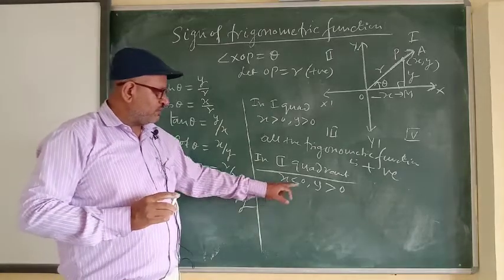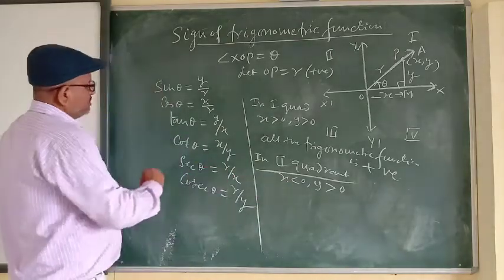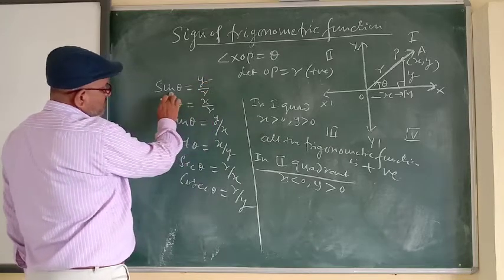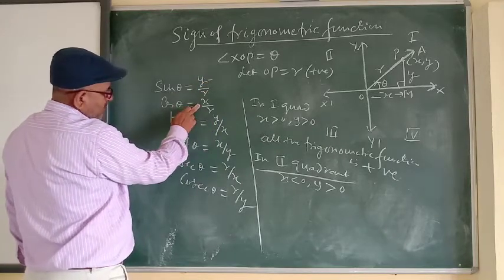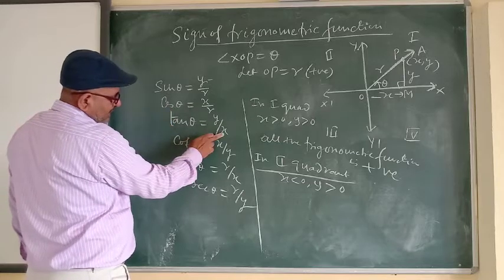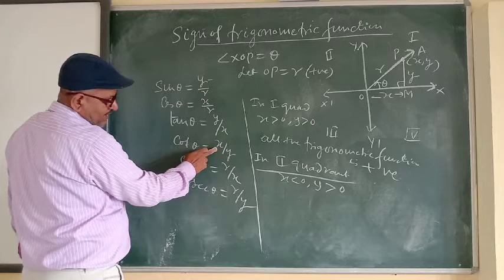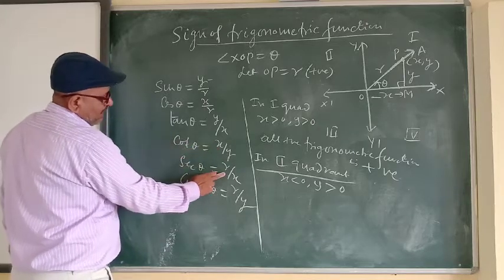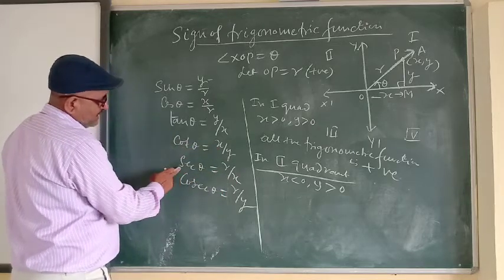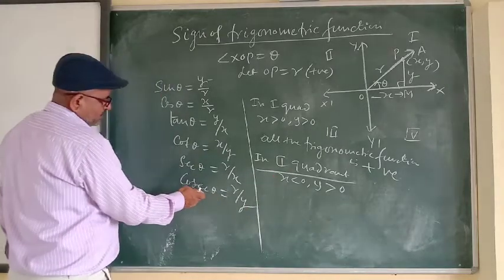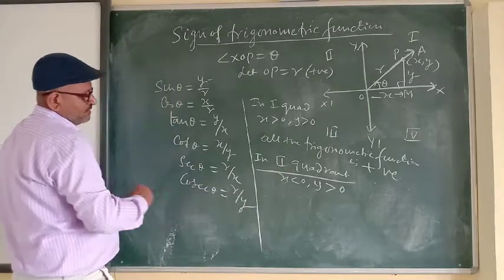Here y greater than 0, r greater than 0, it means sin is positive. x is negative, so cos is negative. y by x is negative, so tan is negative. Cot is x upon y, x is negative, so cot is negative. r by x is negative, so sec is negative. r by y, r and y both positive, so cosec is positive and sin is positive.